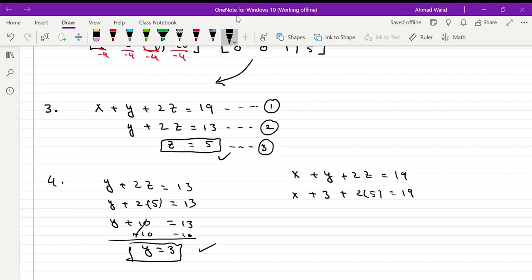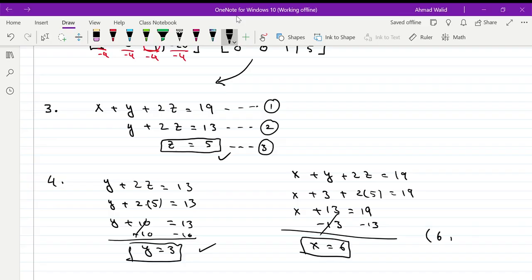It means x plus 13, right? 2 times 5 is 10, 10 plus 3 is 13, equals 19. Subtract 13 from both sides, then x is equal what? 6. Here you go. The solution for the system is 6, 3, and 5.